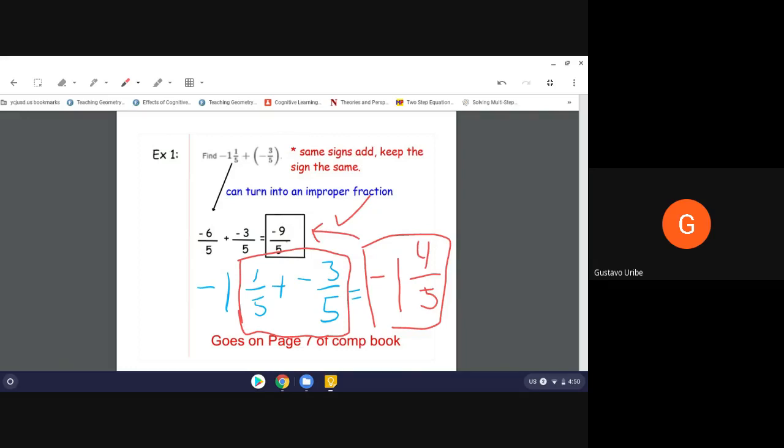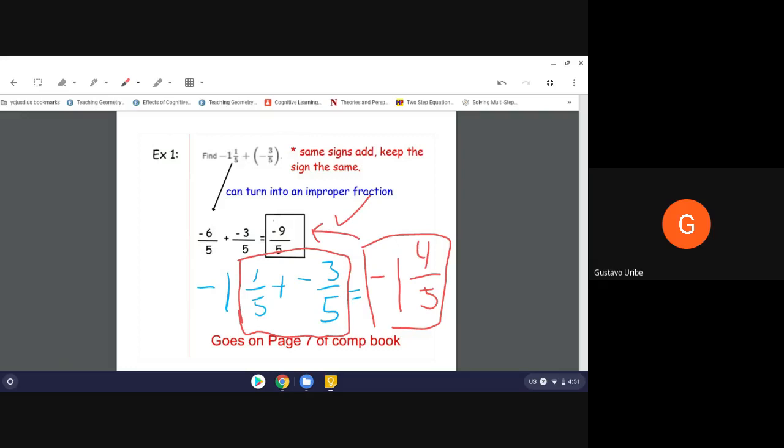This is perfectly fine. What I mentioned in the last section is a lot of times we get the answer wrong because we try to switch it back to an improper fraction, and that just messes up all the work that you've done. So if you already have it like this, you can leave it.